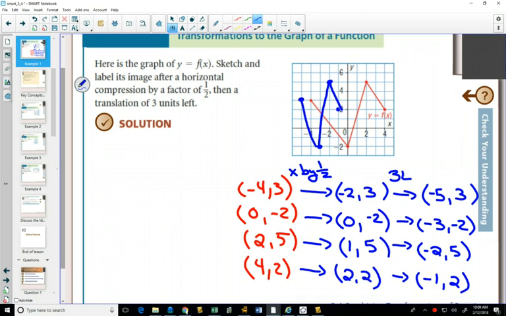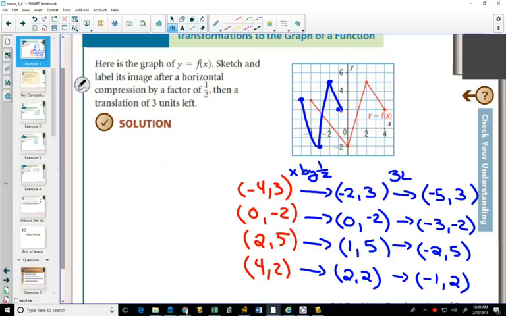Now, the reason I wanted to show you this one is that when we go to write this equation in terms of f of x, there's 2 things you might think of doing. So I'm going to write 2 of them down, one of them in green, one of them in black. I don't want you to write both of them down, but I want you to think, which one do you think is right?